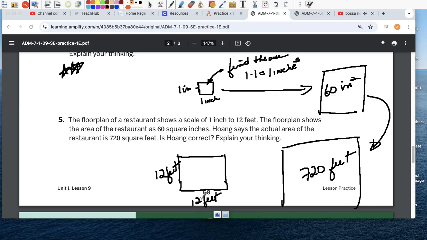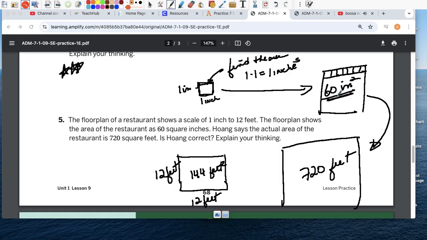And if you multiply 12 times 12, we get 144 feet squared, right? But how many of these little squares are in your notebook? In your notebook design, when you drew the layout of the kitchen, there were 60 of these. 1, 2, 3, 4, 5, 6, etc. 7, 8, 9, 10, 11, 12. There were 60, and that's why you got the area of 60.